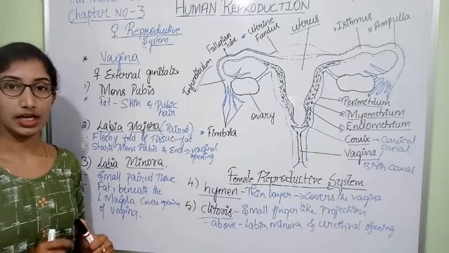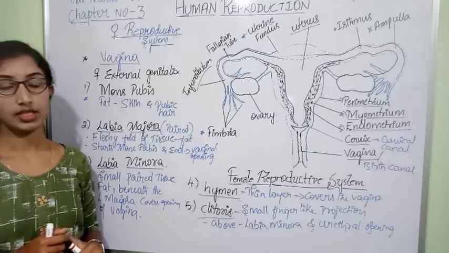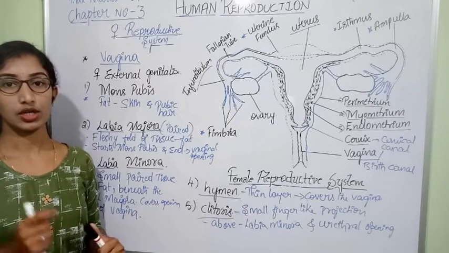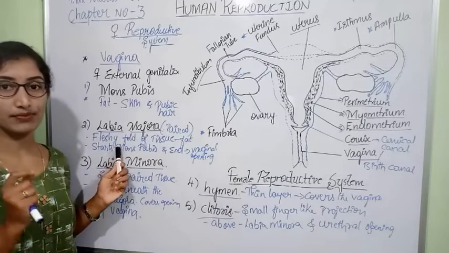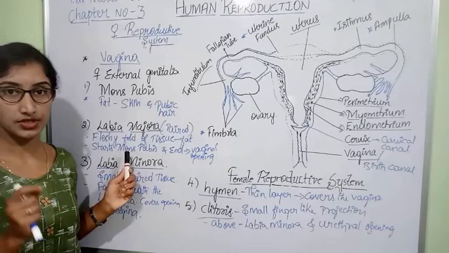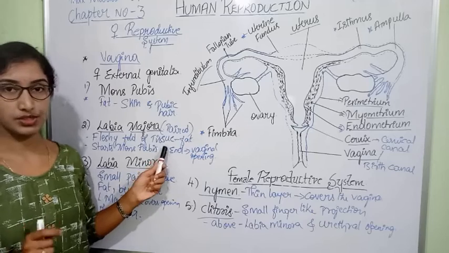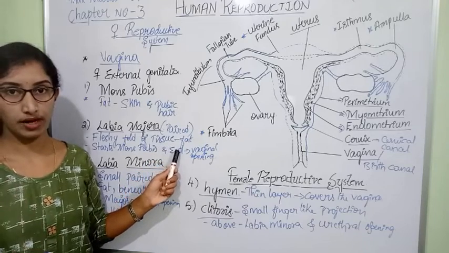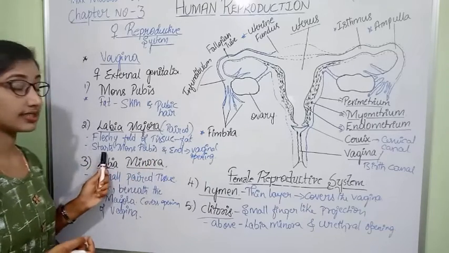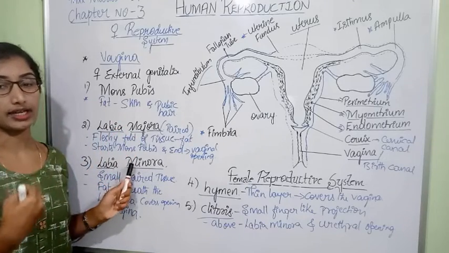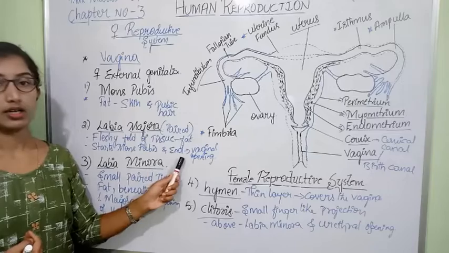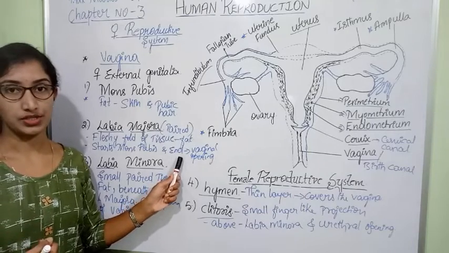Labia majora are paired structures. They are fleshy folds of tissue made up of fat, and they start from Mons pubis and end at the opening of the vagina.